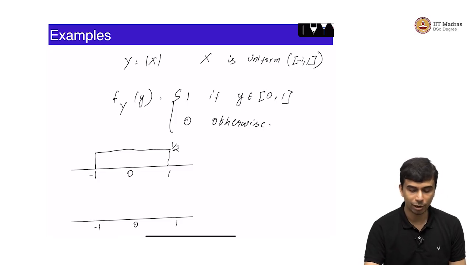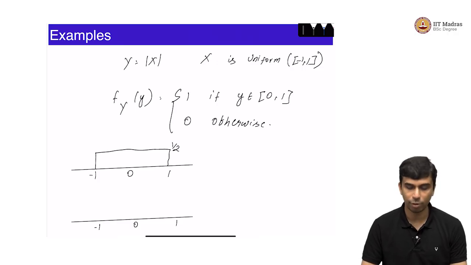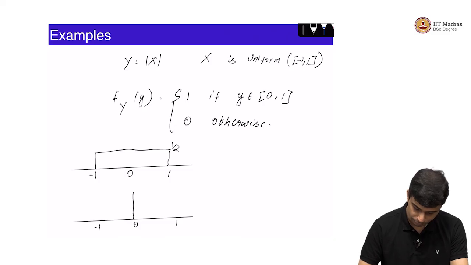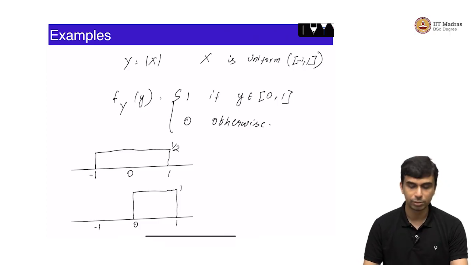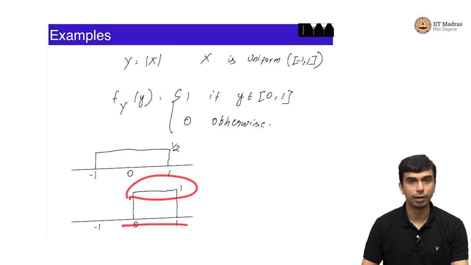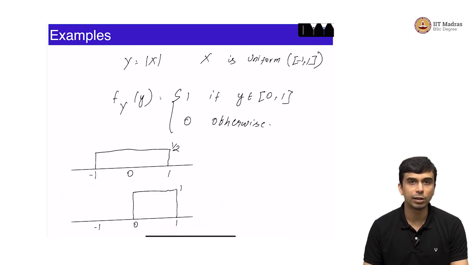Because it is a function of x, what effectively happens is whenever x takes a negative value, effectively it transfers here. So, the density of y in the range of 0 to 1 is going to be greater than the density of x in the range of 0 to 1. In fact, it is going to be exactly twice that. So, the value here is going to be 1. That is the reason why the density of y is simply equal to 1 in the range of 0 to 1 and 0 otherwise. And you can see that this also is a valid density function and it integrates to 1.